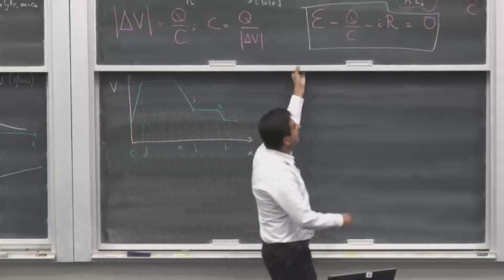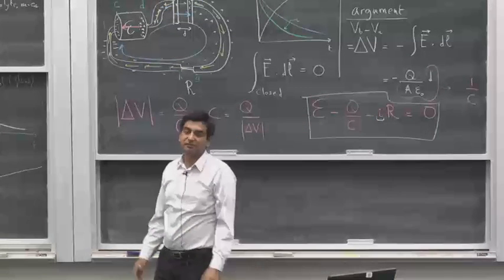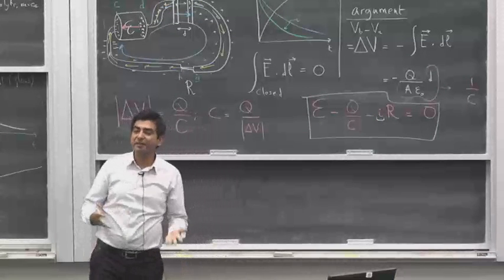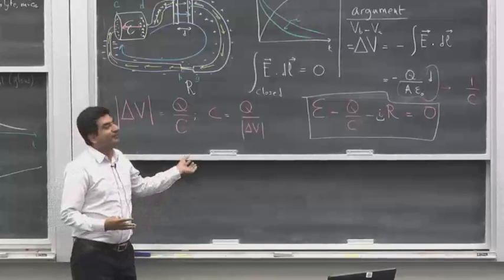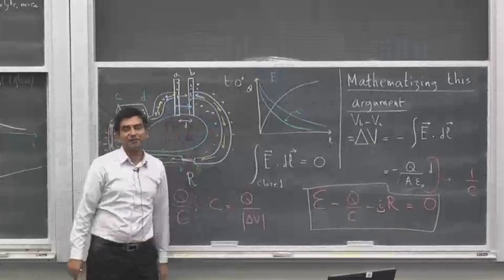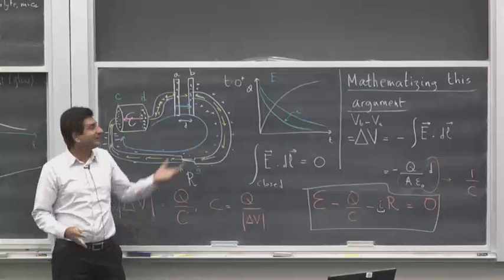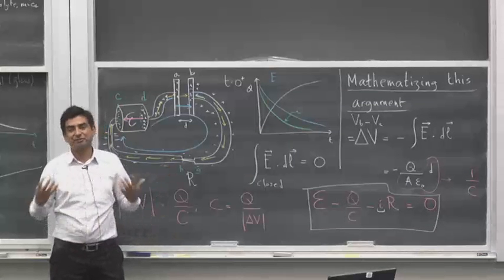Just make an identification that the current in this circuit has something to do with the charge of the capacitor. Where is that current coming from? Whenever current flows in this circuit, what's going to happen to the charges? When current flows, the capacitor will build up charge.